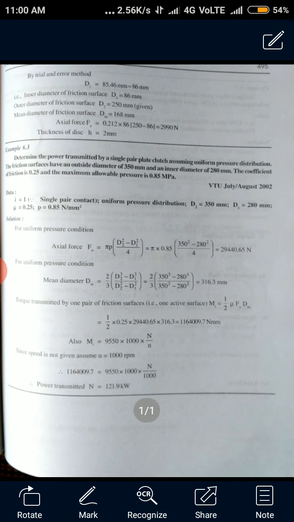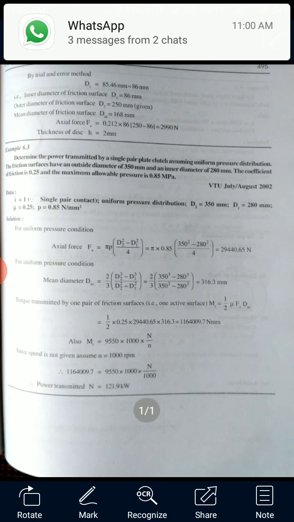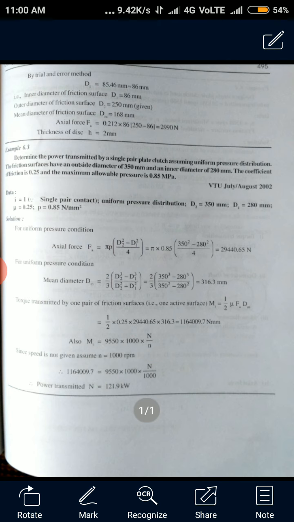Fa equal to pi p into (d2 square minus d1 square) divided by 4. Substituting that, we get 29440.65 Newton. Then for uniform pressure condition, mean diameter is given by 2 by 3 into (d2 cube minus d1 cube) divided by (d2 square minus d1 square). Substituting the values, we get 316.3 mm.